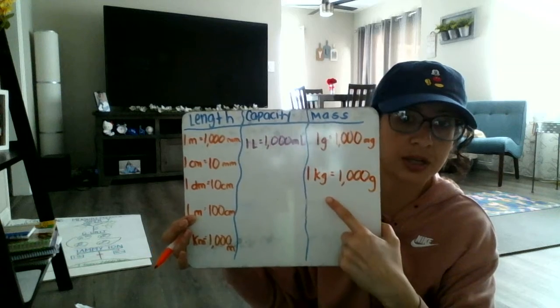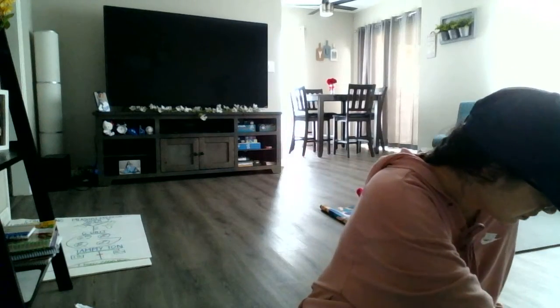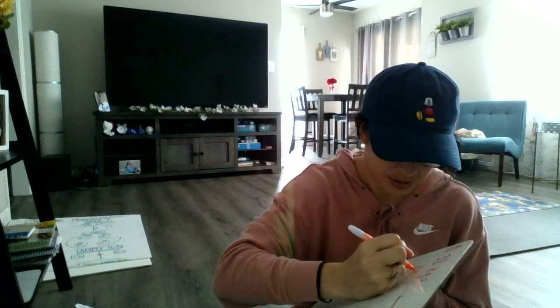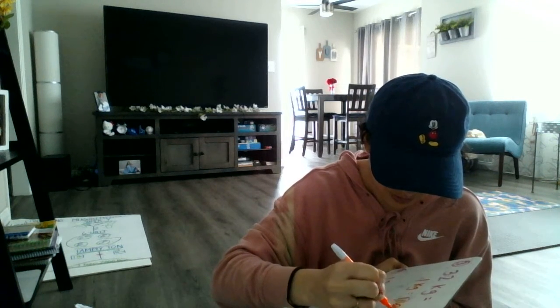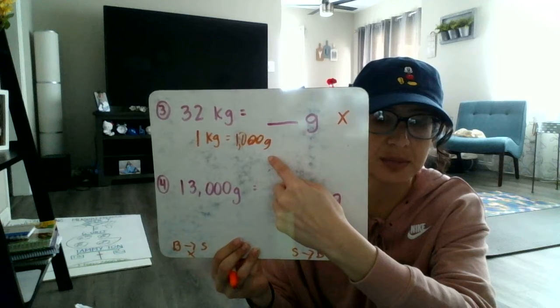Okay, so we're working on kilograms and grams. 1 kilogram, there are 1,000 grams. So I'm going to write that. 1 kilogram has 1,000 grams. Oops, those are very messy. Okay, so in 1 kilogram, there's 1,000 grams.